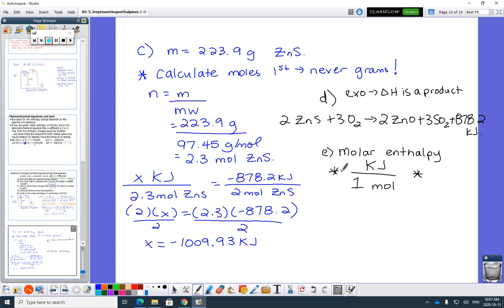It's just how many kilojoules for 1 mole. So basically all you're doing is dividing by 2, right? Some people like to have a sentence here.